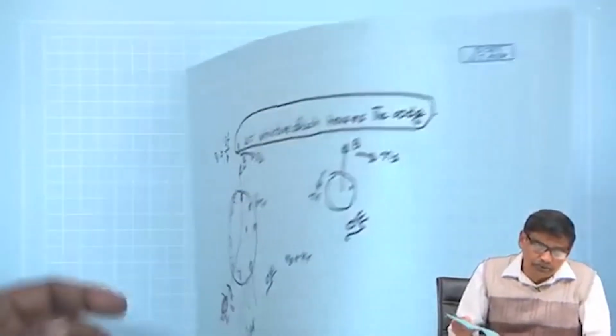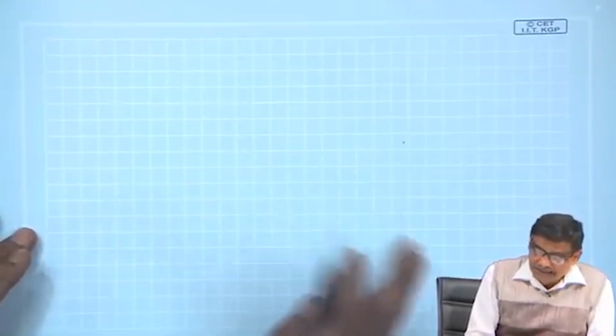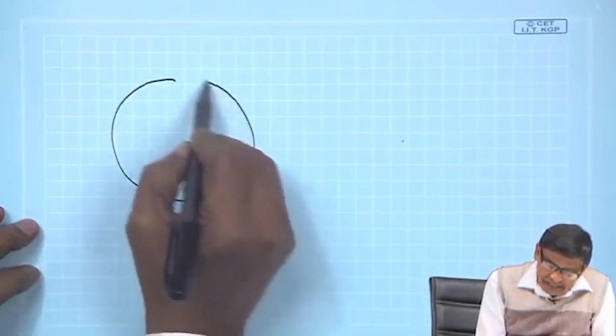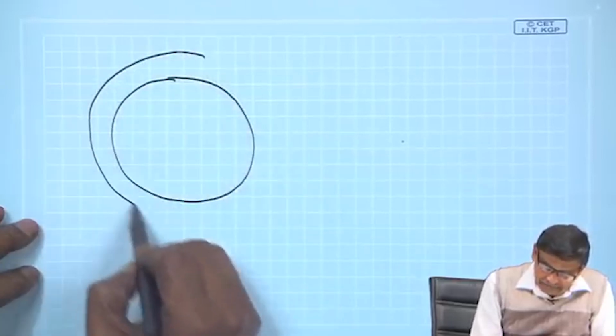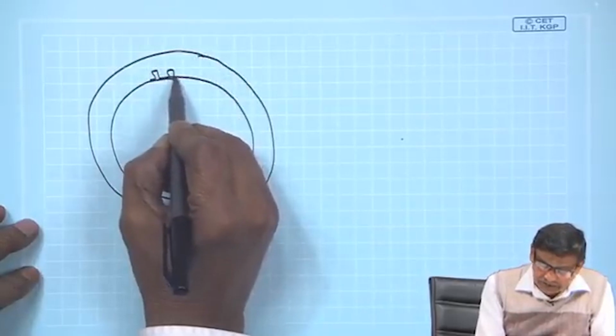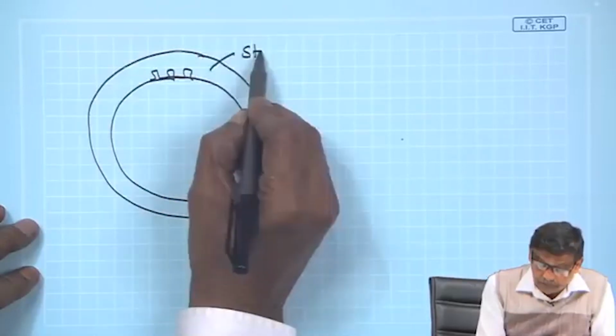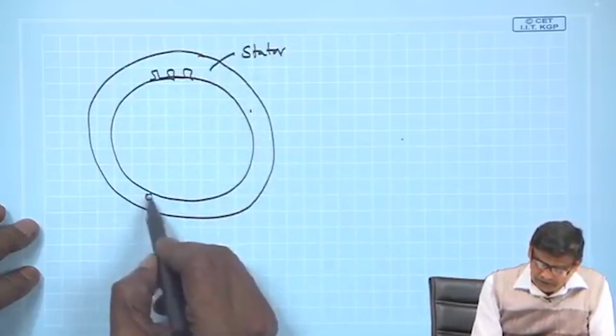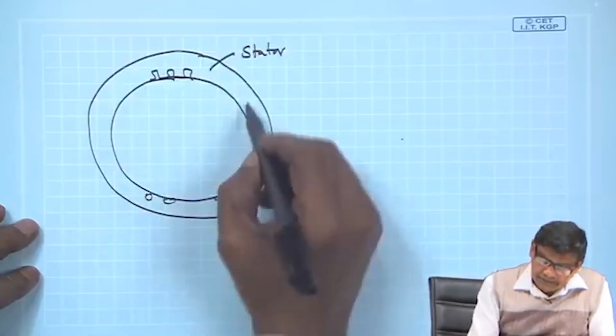Now, before I go to the induction motor, let us do some simple exercises. For example, I have a machine where there were slots on the stator. This is stator, it does not move. All around slots are there, conductors are there, 3 phase winding.